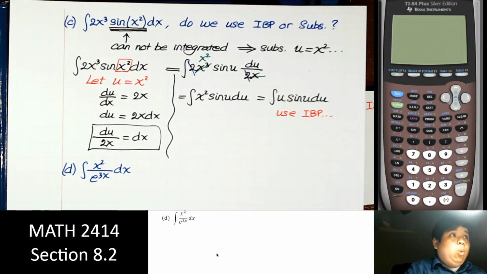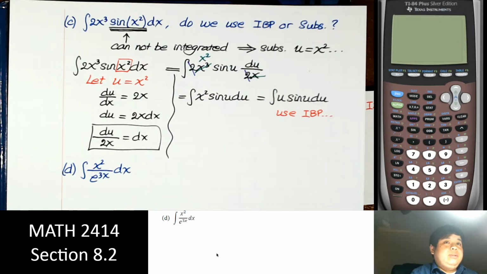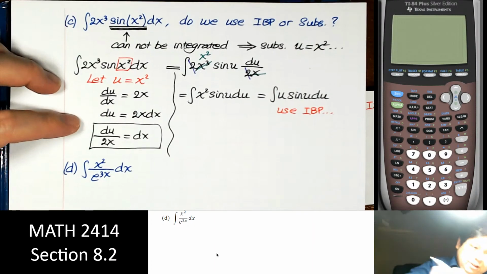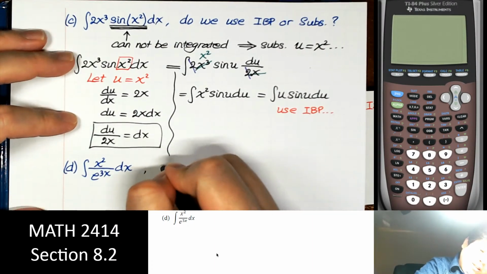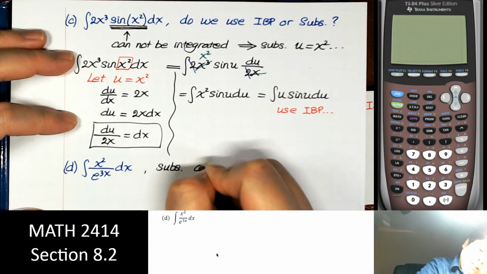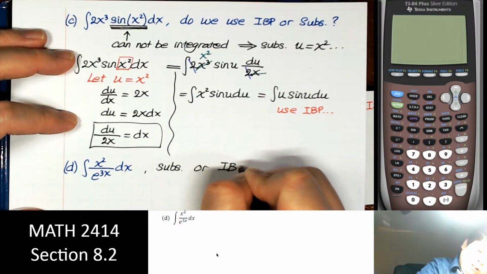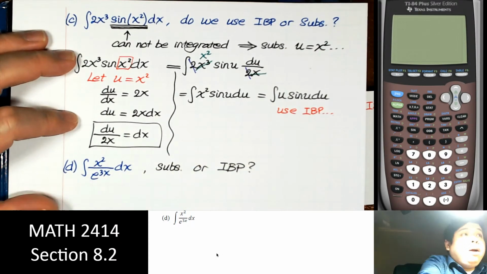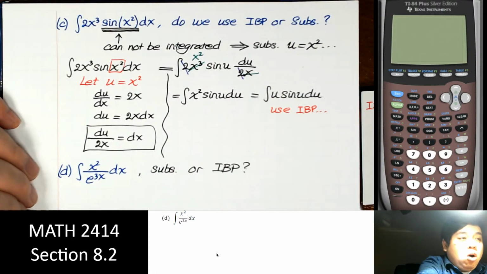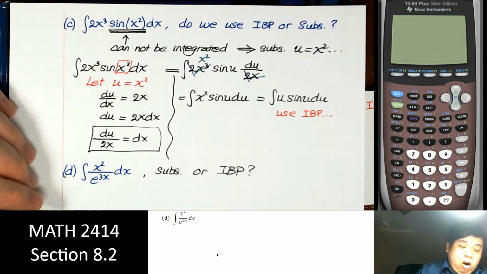How do we do this one? Is that substitution or integration by parts? By the way, if it is integration by parts, it should be a product.